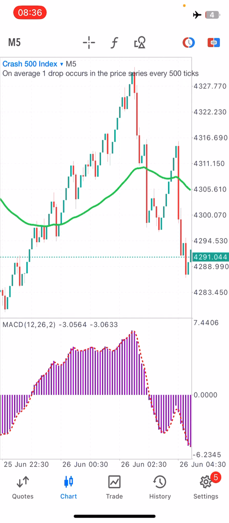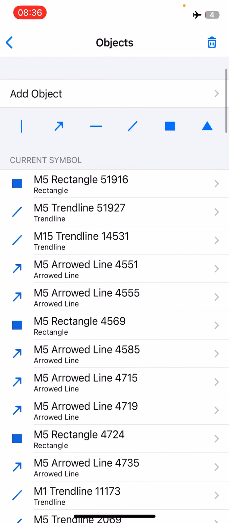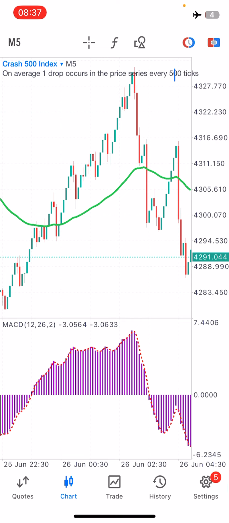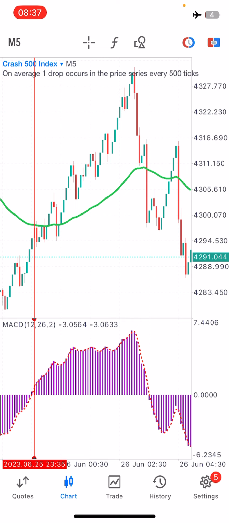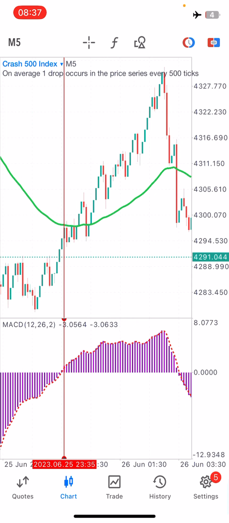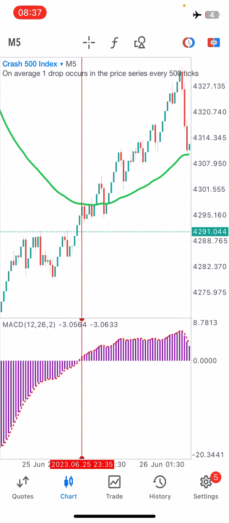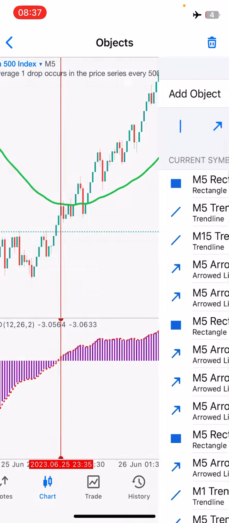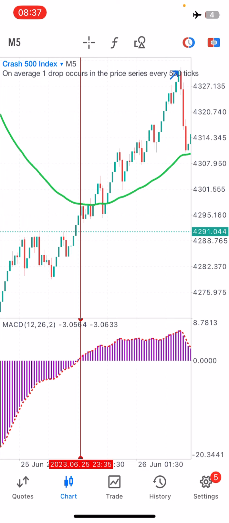So the first thing that you need, let me just mark the area of our entry. This is what has to happen for you to enter a buy trade. You're going to need your MACD and your red line here, your MACD being at level 0 or crossing to be above level 0.